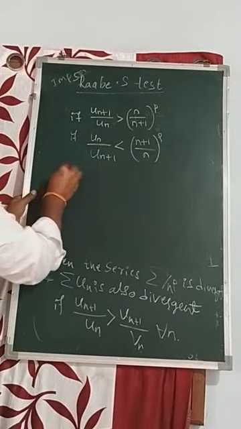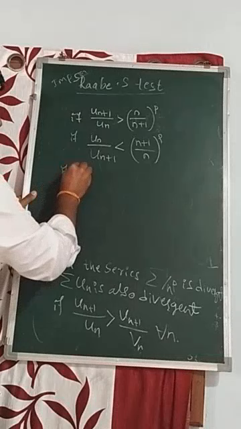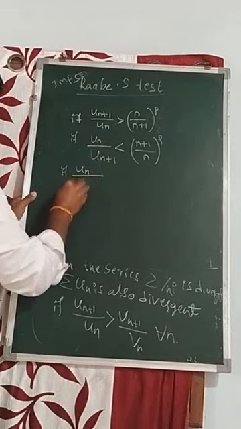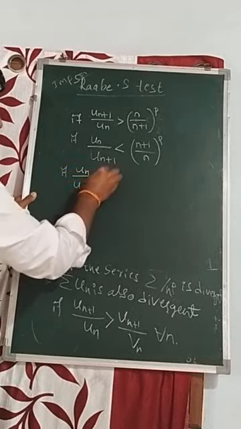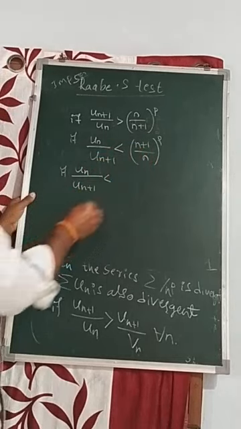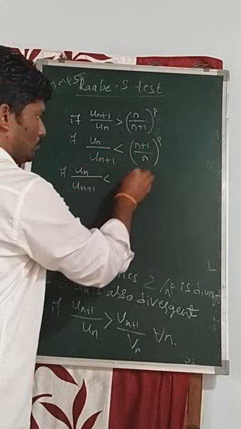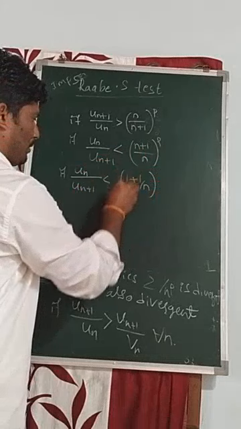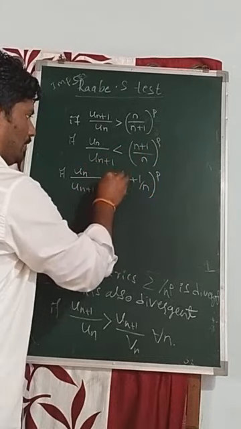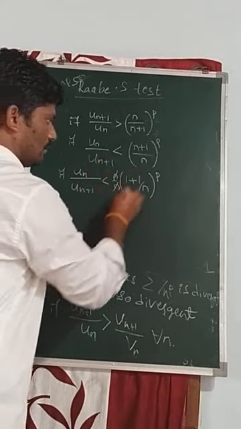Next, if un divided by un plus 1 is less than 1 plus 1 by n raised to p. Same, n outside cancels.